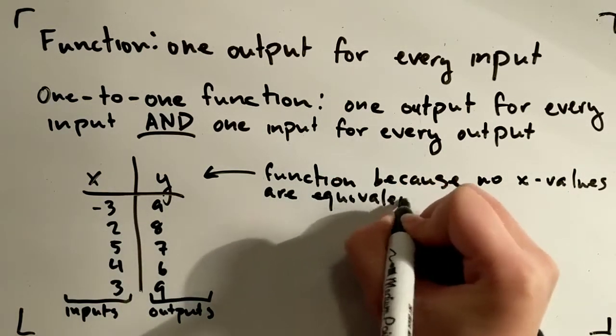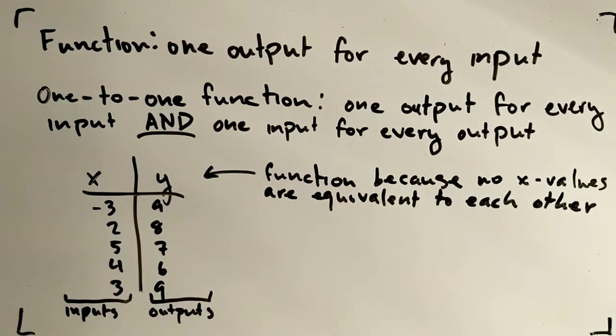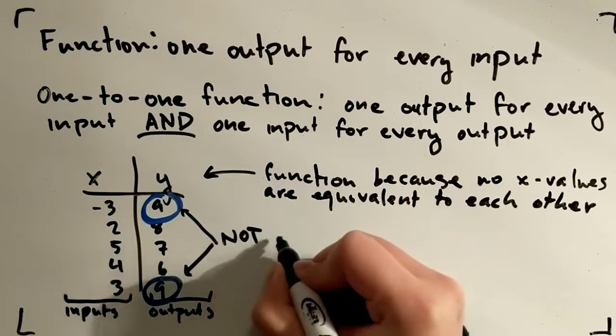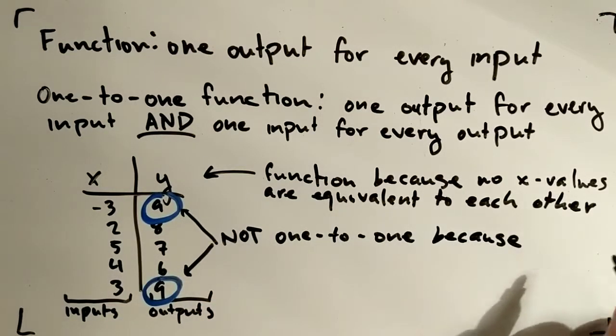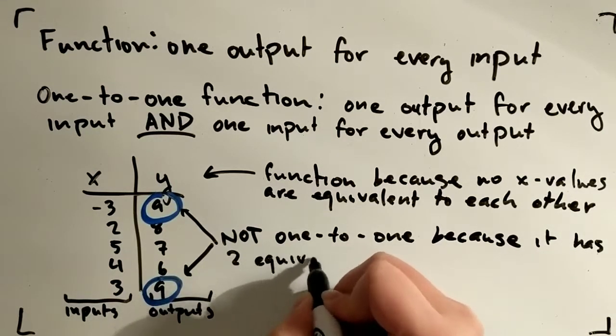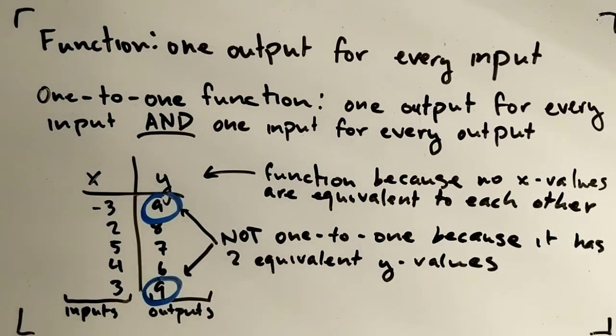So this is a function because there are no repeating x values. None of them are equivalent to each other. But if you notice in the y values, there are two 9s. This means that it is not a one-to-one function because it has two repeating y values, and a one-to-one function cannot have two equivalent y values.